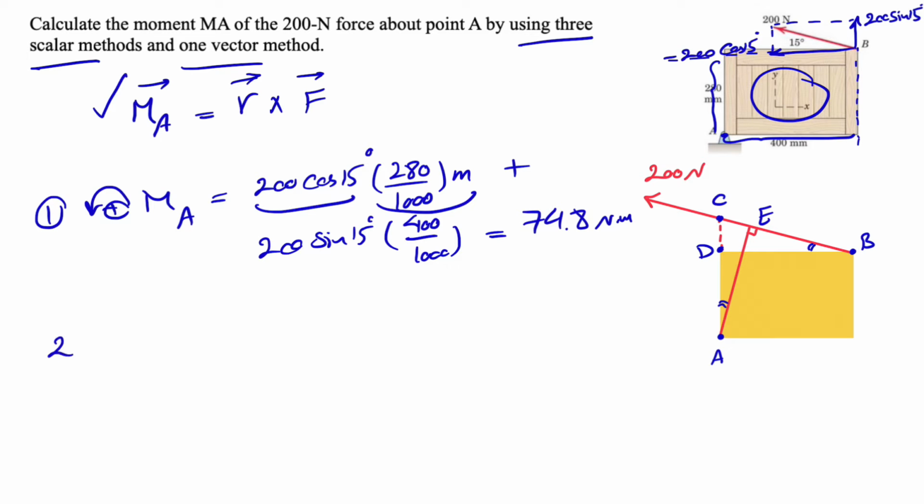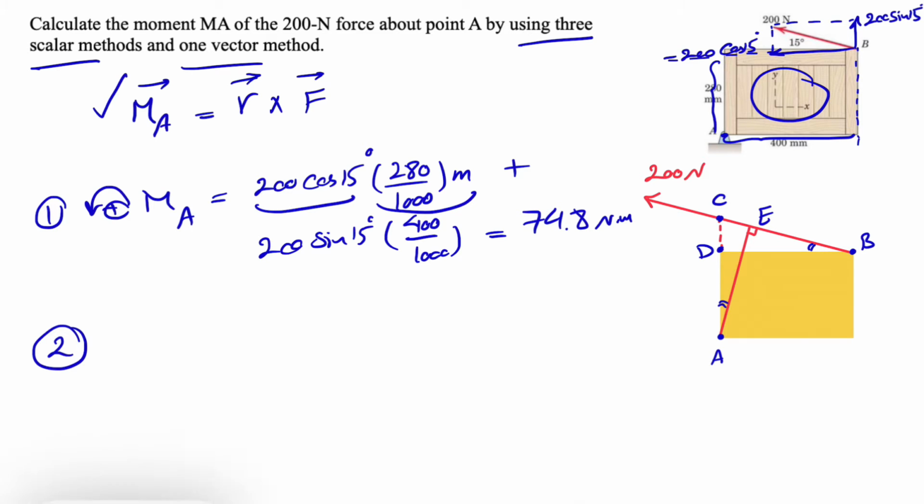Let's go to the second method, see how we can find this. If we look at this figure in here, we have these two angles same as each other, both 15 degrees.